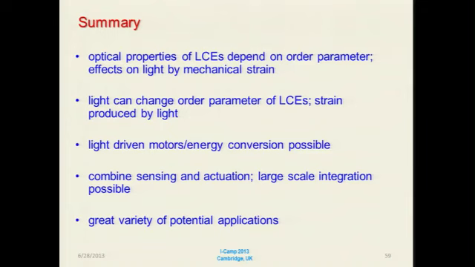Light-driven motors and other energy conversion devices are possible, and some of them look pretty intriguing. And one can combine sensing and actuation and make complicated integrated systems. So I think that there's a pretty inspiring number of potential applications that one can explore. Thank you for your attention.